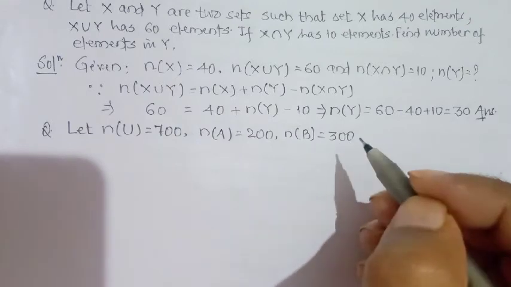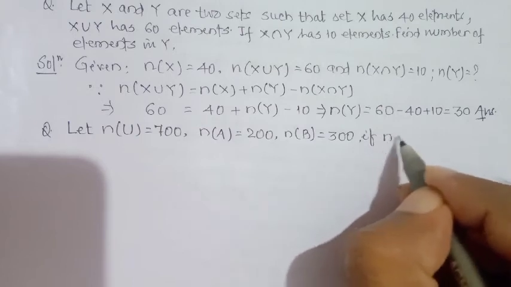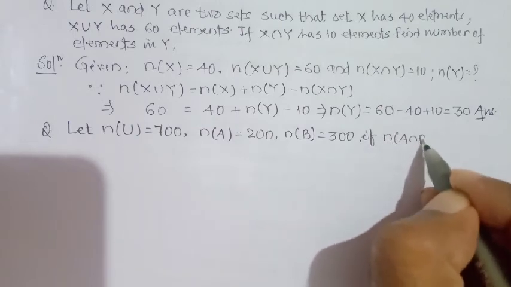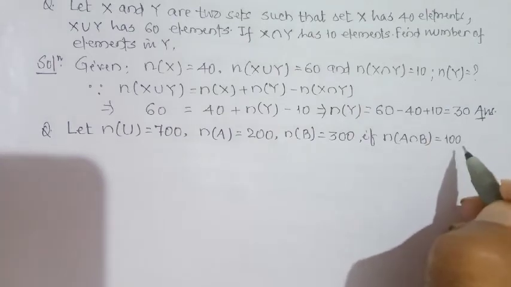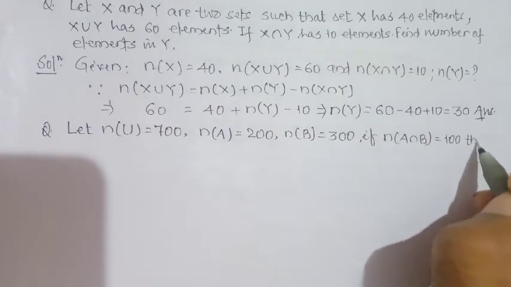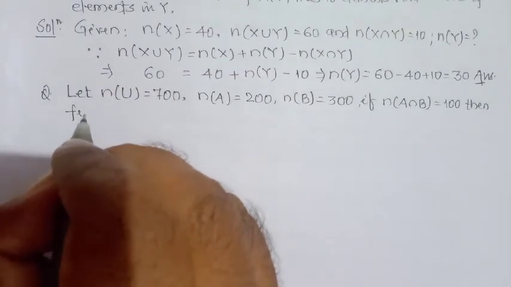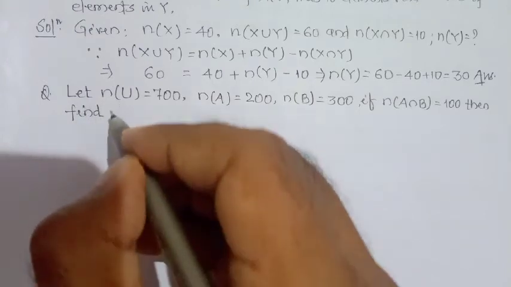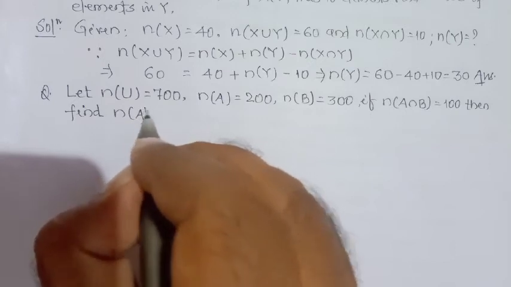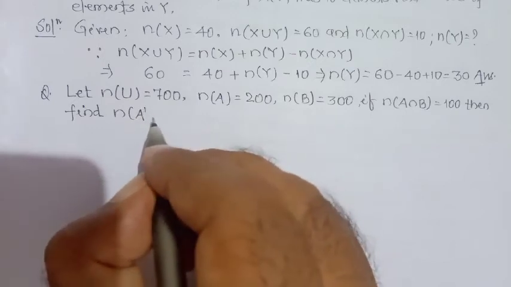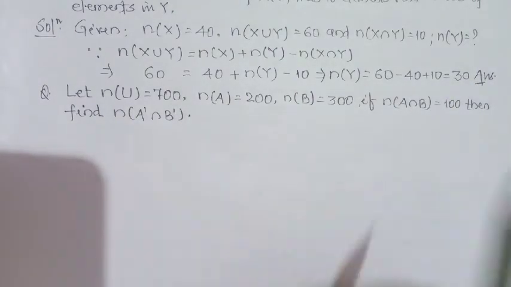If number of elements of A intersection B is equal to 100, then find the number of elements of A complement intersection B complement. See the question.